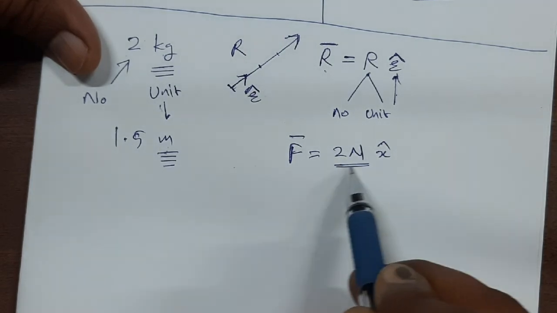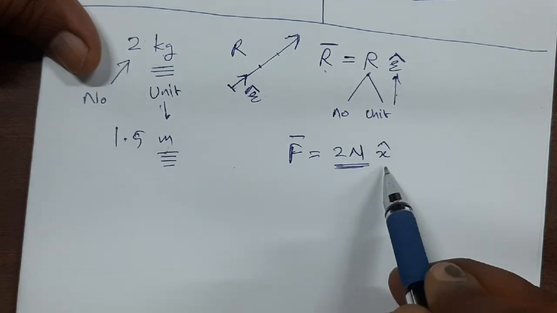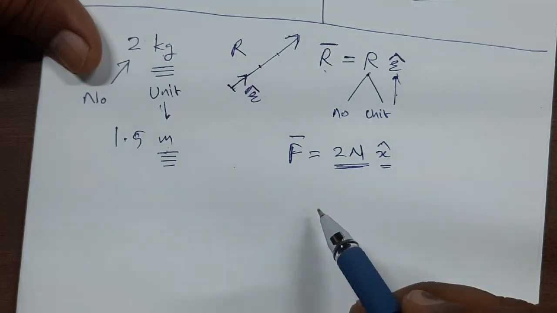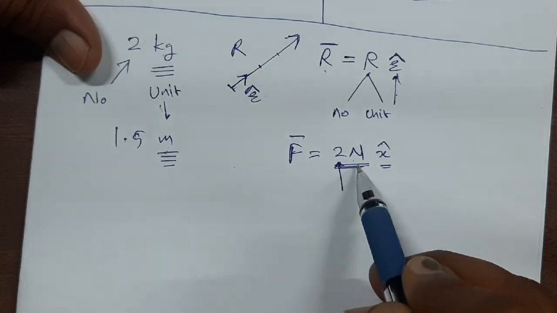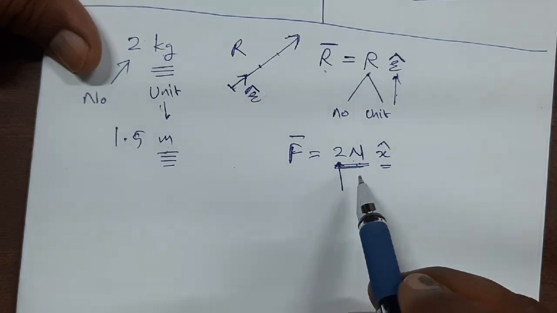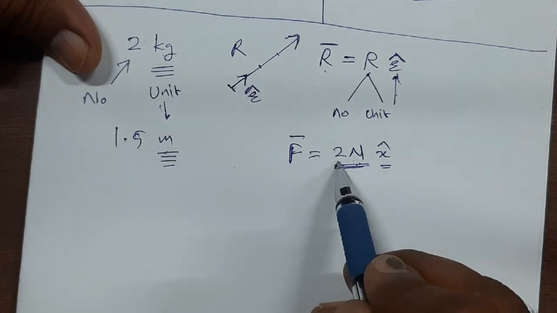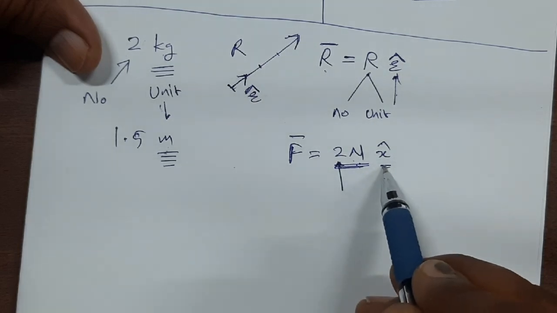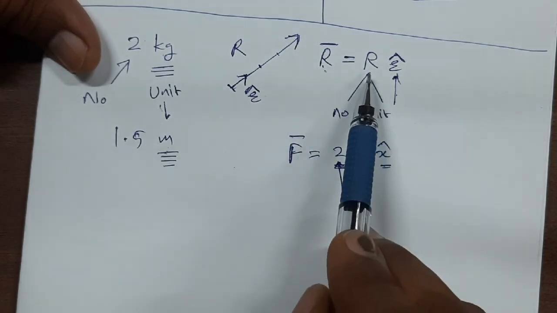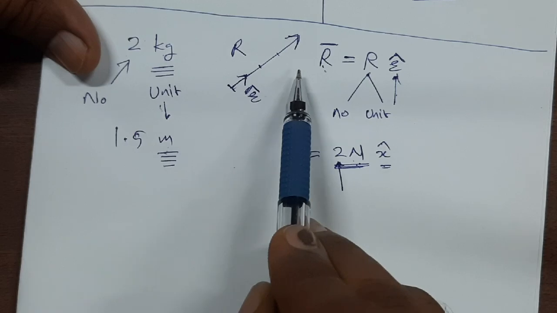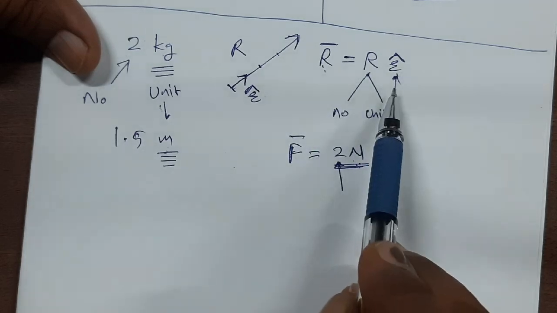Here you will observe that 2 Newton is the magnitude, x cap is the direction, but the magnitude consists of the number, that is the multiplier, and the unit. 1 Newton, we have defined what the meaning of 1 Newton is. I will have to repeat it 2 times. Along which direction? Along x-axis. And therefore a complete vector r bar can be represented as the magnitude and direction. This is one way to represent the vector.